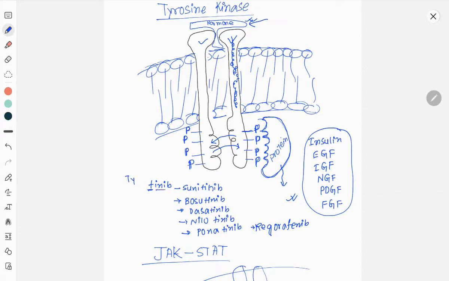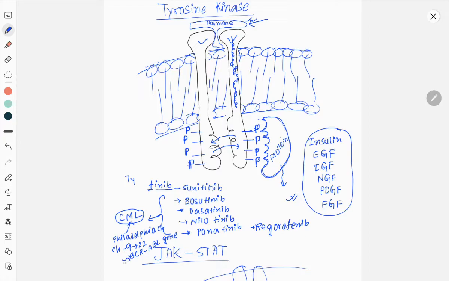Tyrosine kinase inhibitors are more or less used in CML. CML is chronic myeloid leukemia. One of the major reasons for developing CML is the Philadelphia chromosome, which is nothing but translocation between chromosome 9 and 22 and fusion of the BCR-ABL gene.